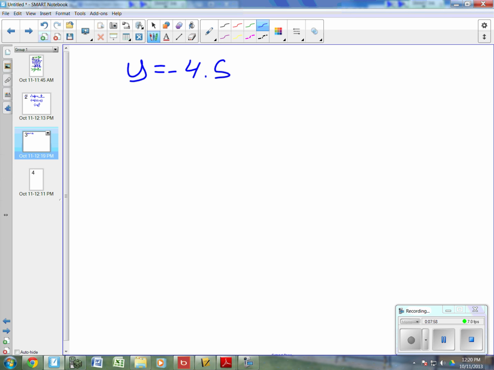Guess what x equals 9.5 is? An equation of a vertical line. Okay, if you'll notice this right here, this is the same as y equals mx plus b. This is an equation of a line. The only thing is, the slope is 0. 0x minus 4.5.